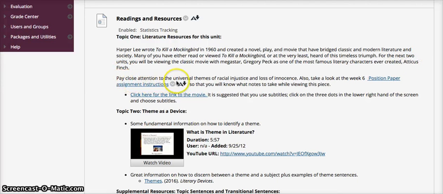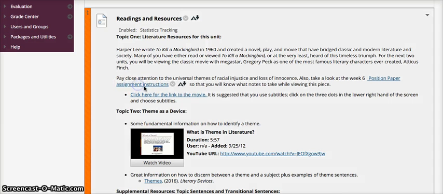Pay close attention to the universal themes of racial injustice and loss of innocence. Also, take a look at the Week 6 position paper assignment instructions so that you will know what notes to take while viewing this piece. Evidently, we're not in Unit 6, but it's always important to take a look at what you should be doing ahead of time.